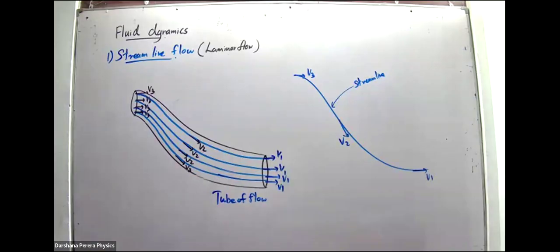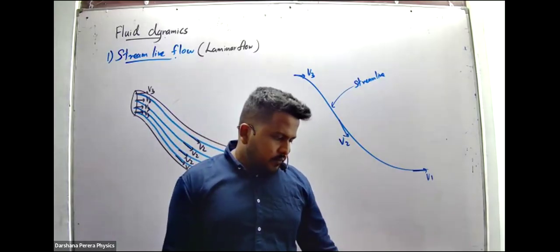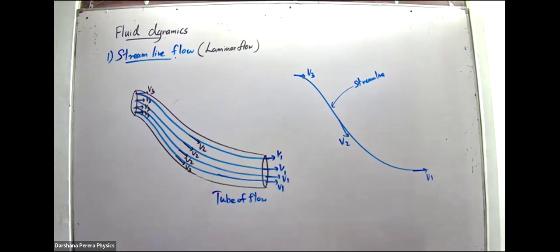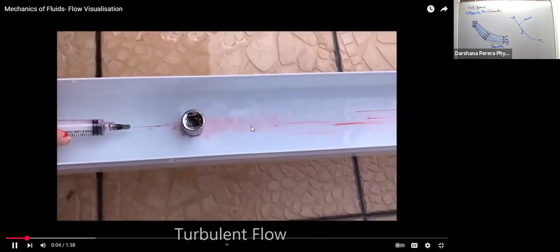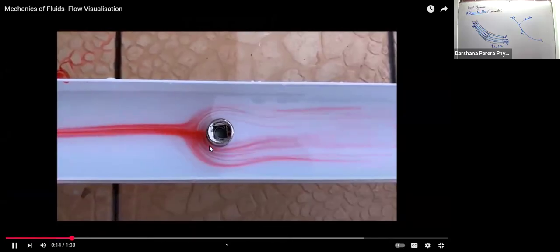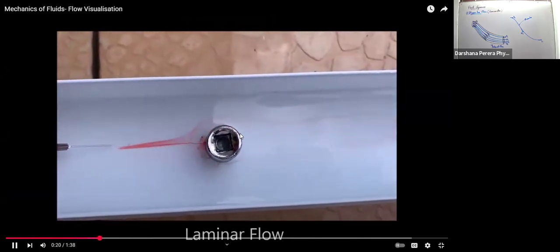This flow can be demonstrated using colors along the water lines. In turbulent flow, with very high pressure, the flow is not clear and the flow lines cannot be identified, but in laminar flow the flow lines can be identified.